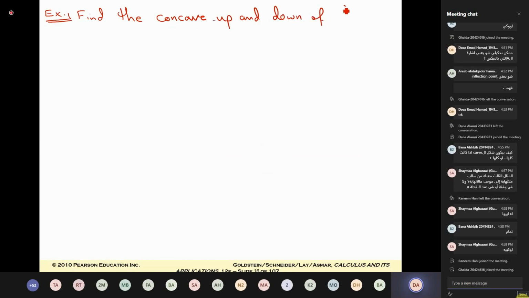Find the concave up and down of f of x and find an inflection point if exists.